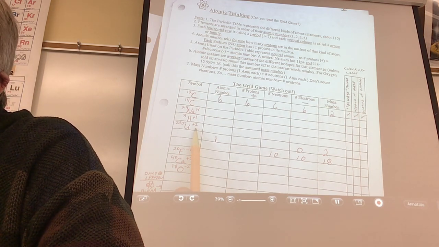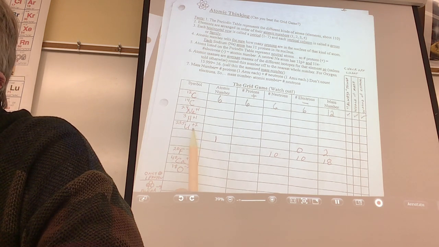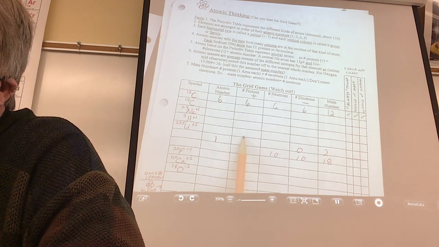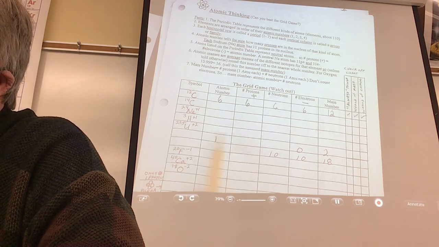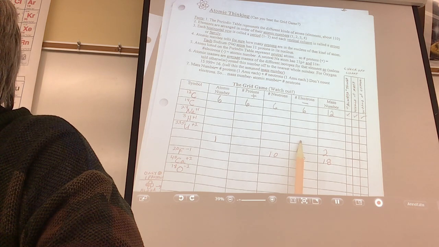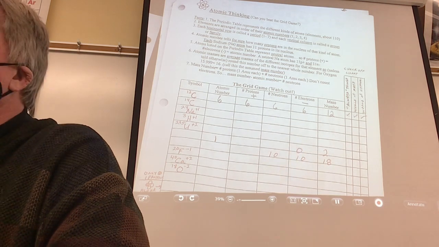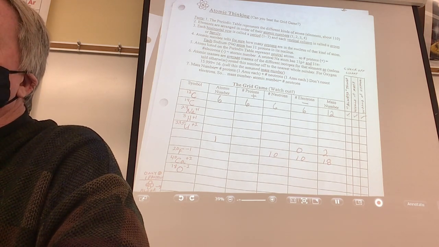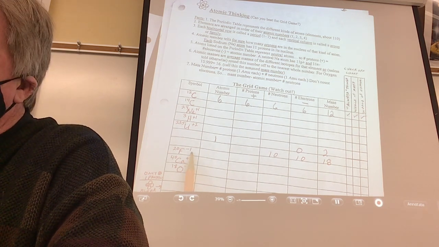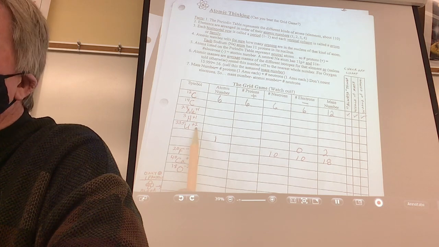How many electrons would you have? So how many electrons would that one have? 90. Got it? Whoever's ahead, that means you have one more of those than the other. Like one more electron, you have 2 more protons.